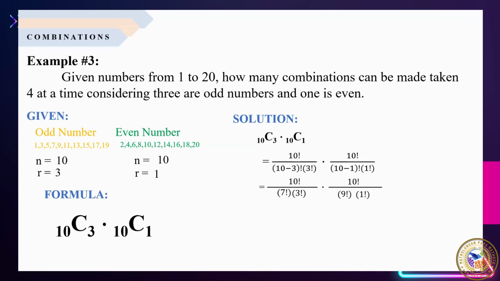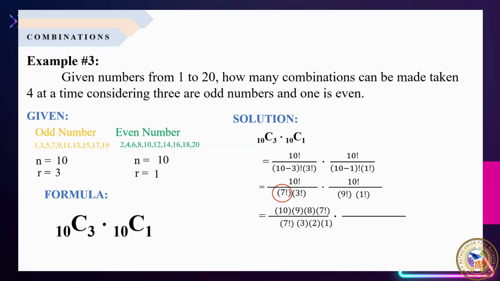Sabi ko kanina, lagi natin isolve yung denominator pagdating sa combinations. Now, pagdating sa first given, if you can see, 7 yung pinakamataas sa denominator. So, napaka-importanteng malaman natin yun para alam natin kung hanggang saan lang tayo mag-extend o mag-expand sa ating numerator. Therefore, dahil 7 yung pinakamataas sa denominator, yung 10 natin ay mae-expand sa 10 times 9 times 8 times 7 factorial all over 7 factorial and the 3 factorial, which is 3 times 2 times 1.